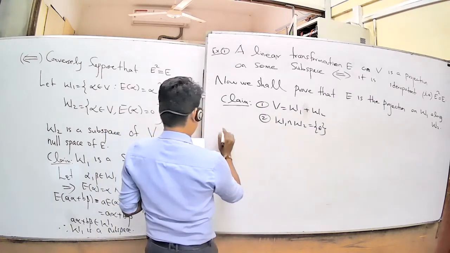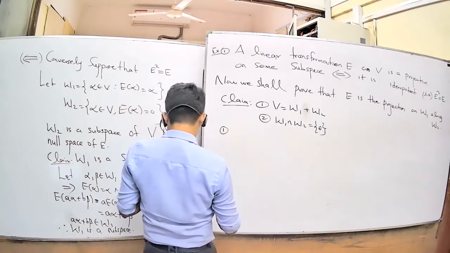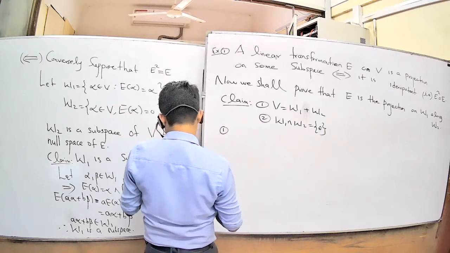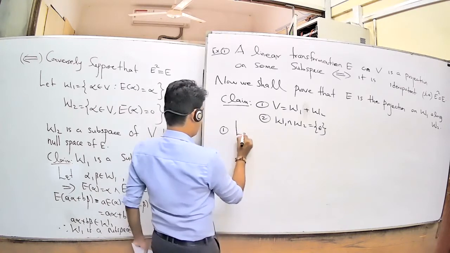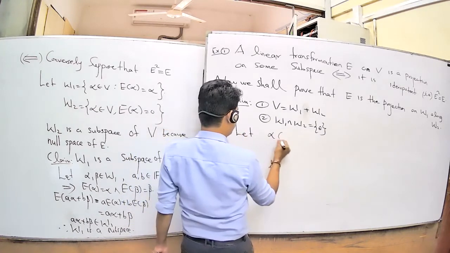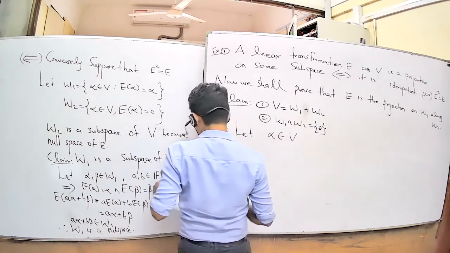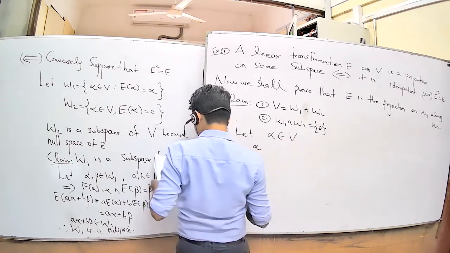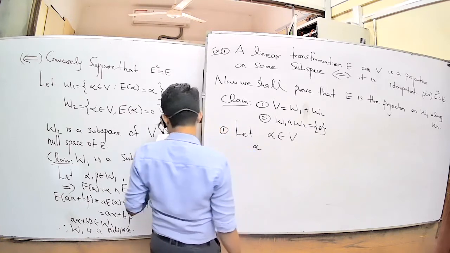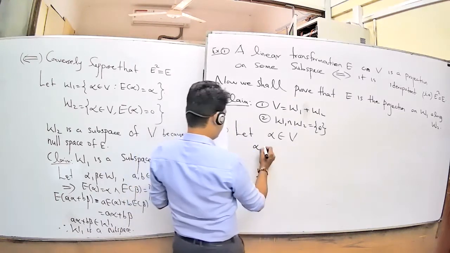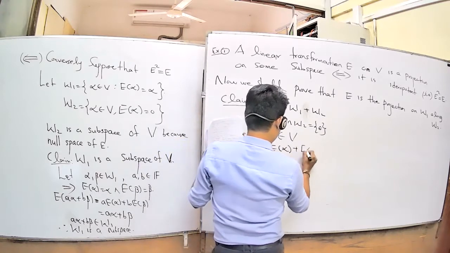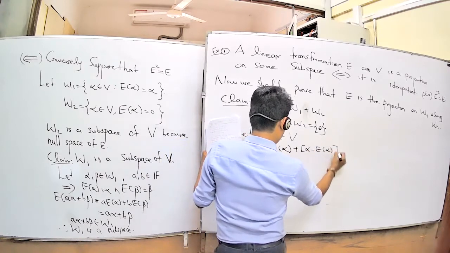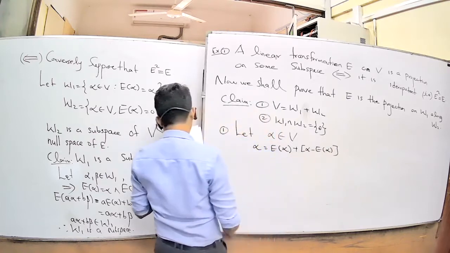Okay, first part. Let us take an arbitrary element alpha belonging to V. Then we write alpha equal to E alpha plus alpha minus E alpha. The two E alpha terms cancel, and we get alpha.